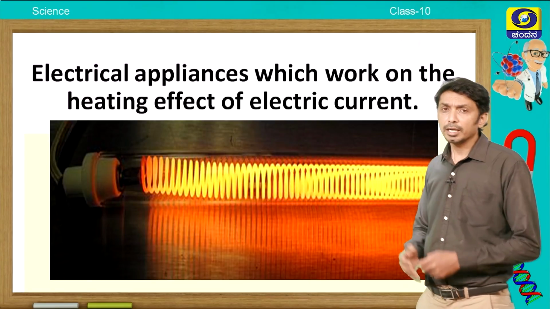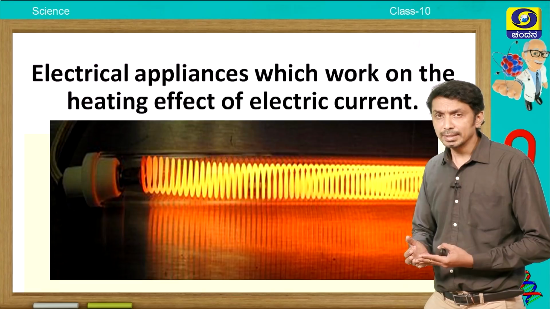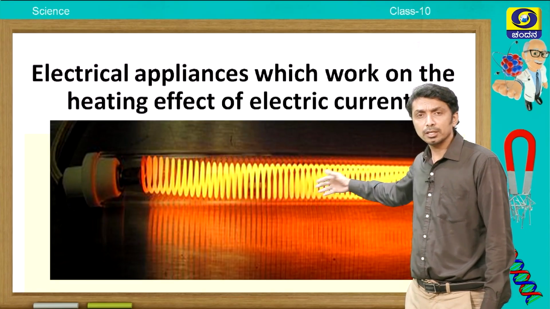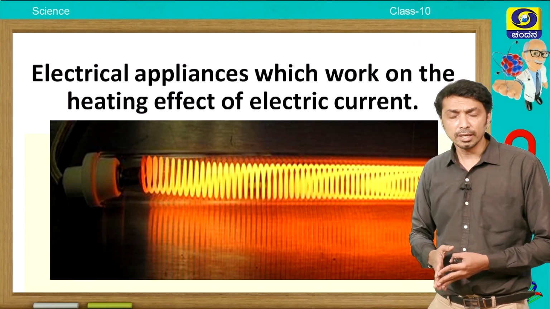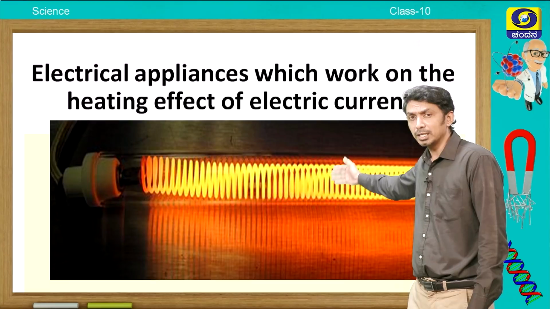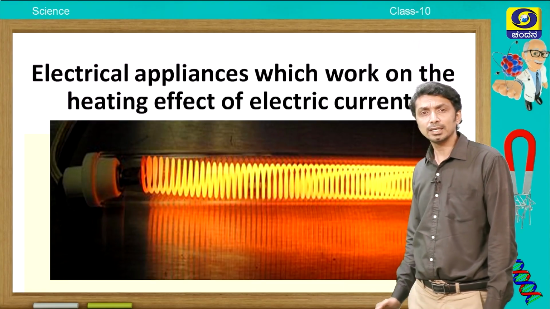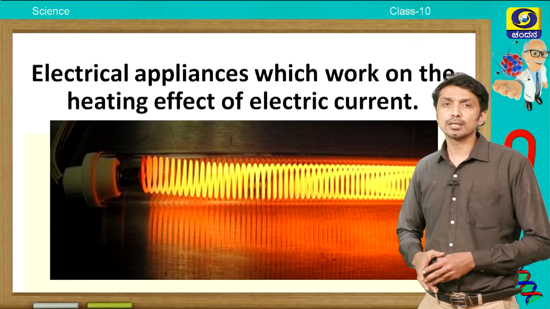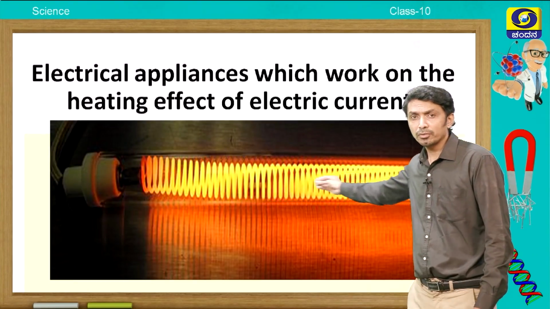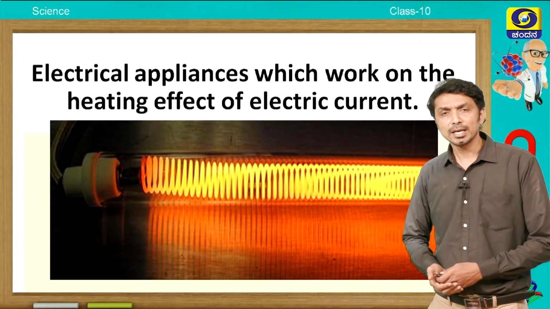But if you take a wire which has a lower resistance, then it will not get red. That means it will not get heated up so easily. So the reason for the wire, the metal or the conductor getting heated is the resistance of the conductor, because of which more number of charges collide and more amount of heat energy is produced.